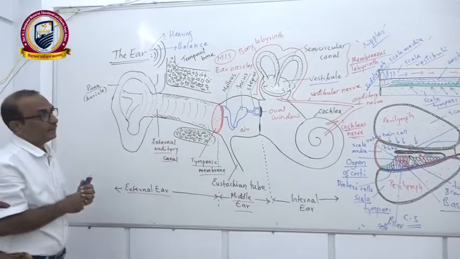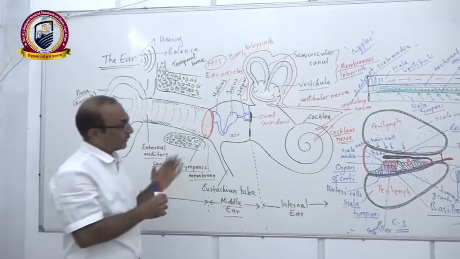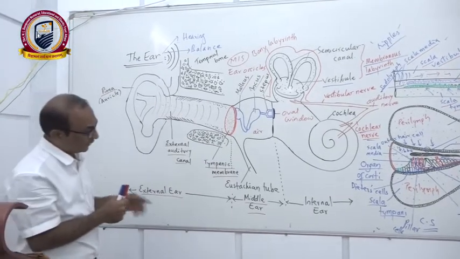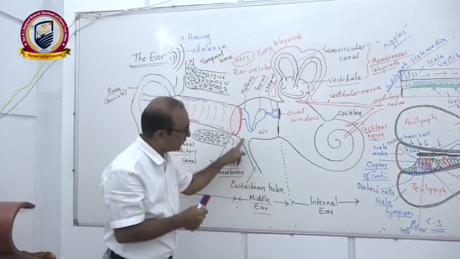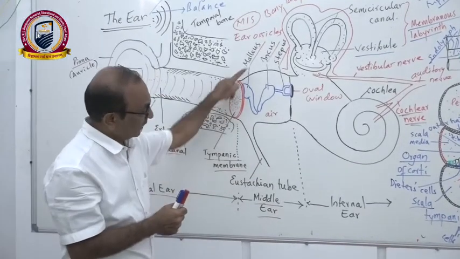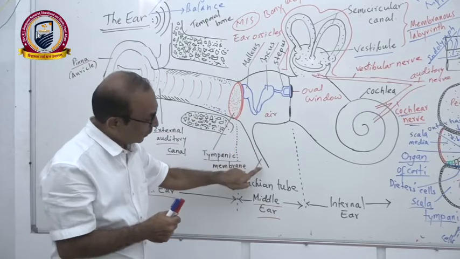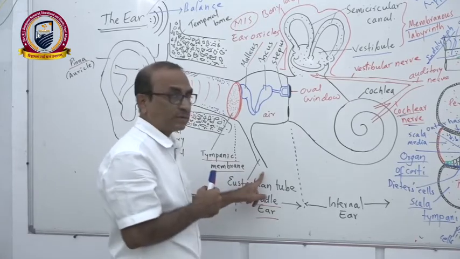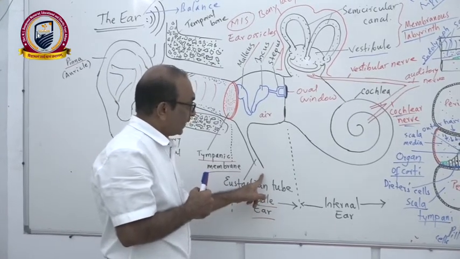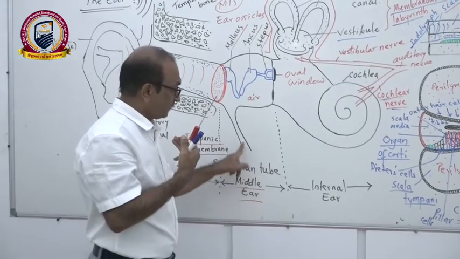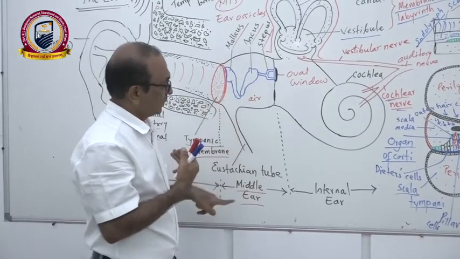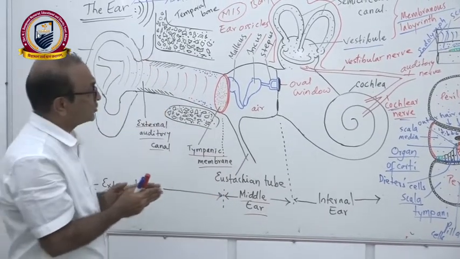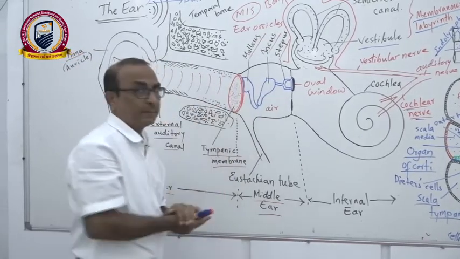Before going to that, let me tell you one more important thing about the Eustachian tube. You see here there is a Eustachian tube that is connecting the middle ear to our throat. This Eustachian tube is very important because the air from our mouth will enter into the middle ear, and this always maintains the balance of the pressure outside and inside the tympanic membrane.